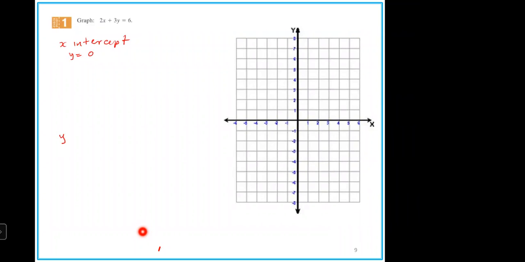And to find the y-intercept, you're going to let x be equal to 0 in the equation to find what the y-intercept is. And once you find those 2 intercepts, you could plot them on the graph and join them together to get your line. So I'll give you a couple minutes to work out the x and the y-intercept.